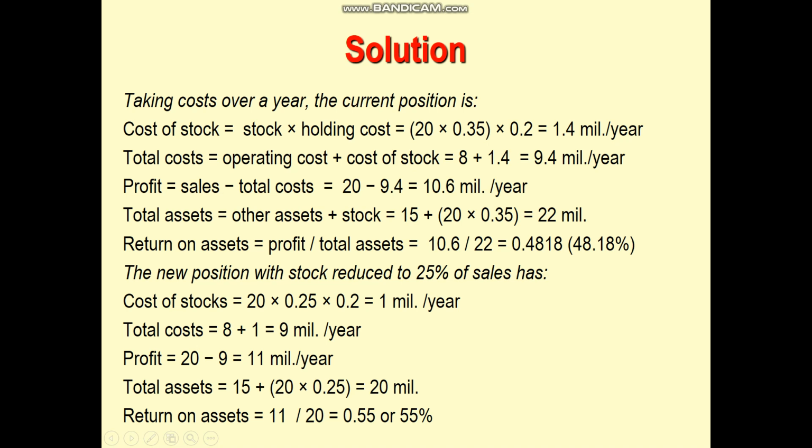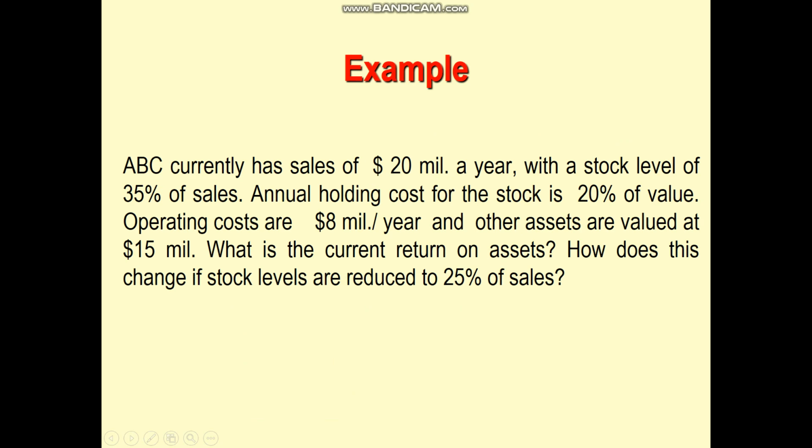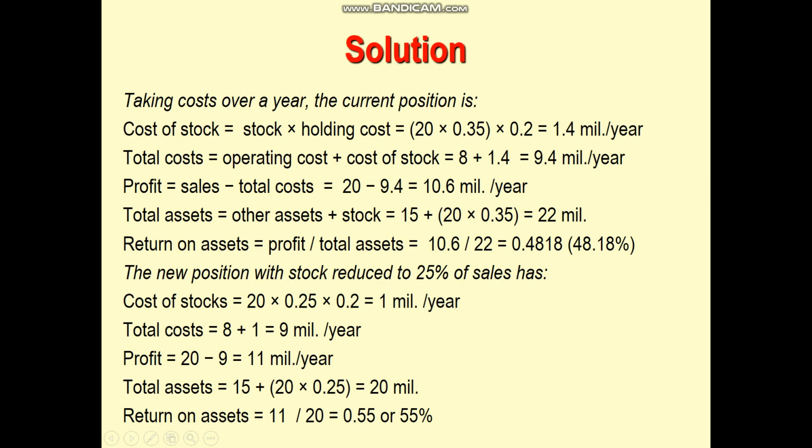So we can calculate the profit, which is equal to the sale minus the total cost. The total cost here is 9.4 million, and the sale is 20 million per year. So the profit is 10.6 million per year.